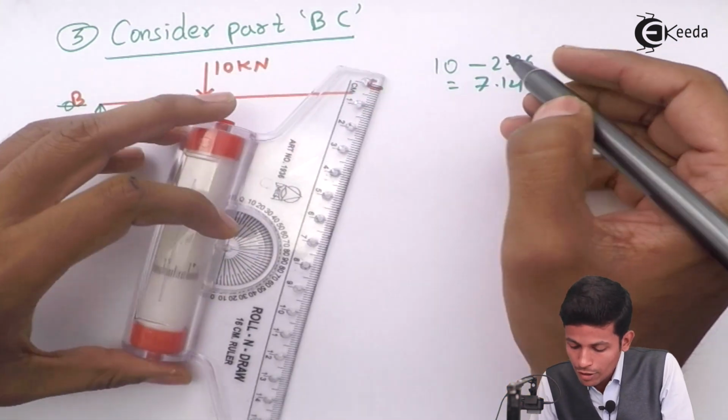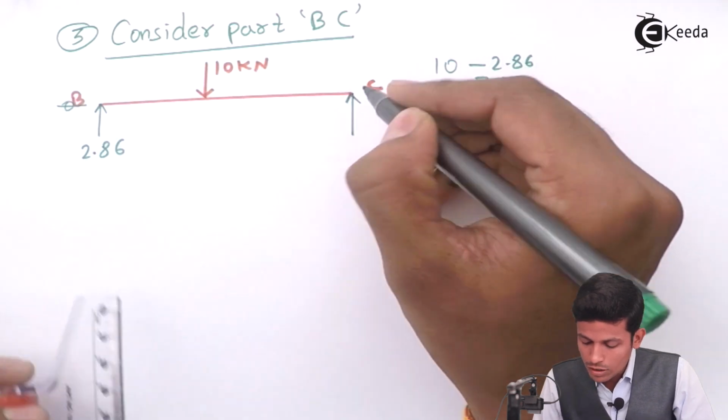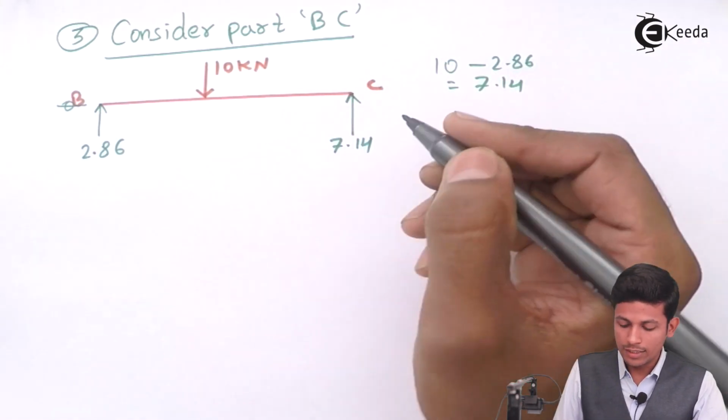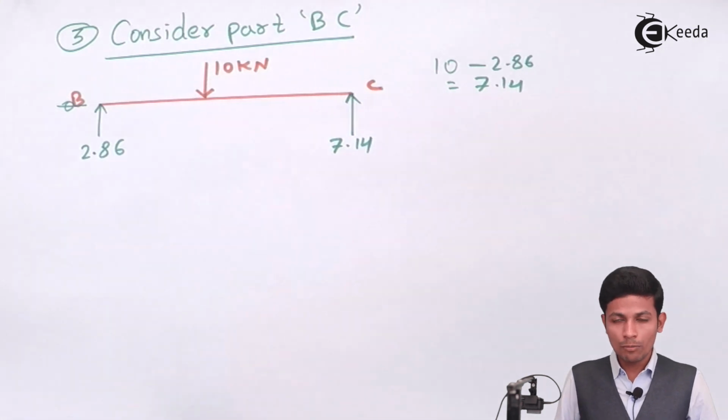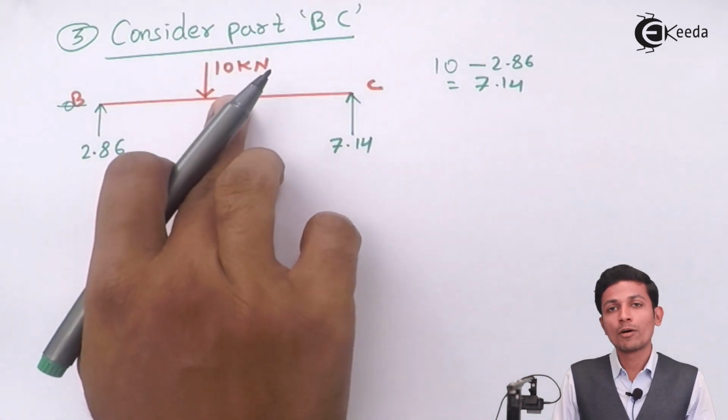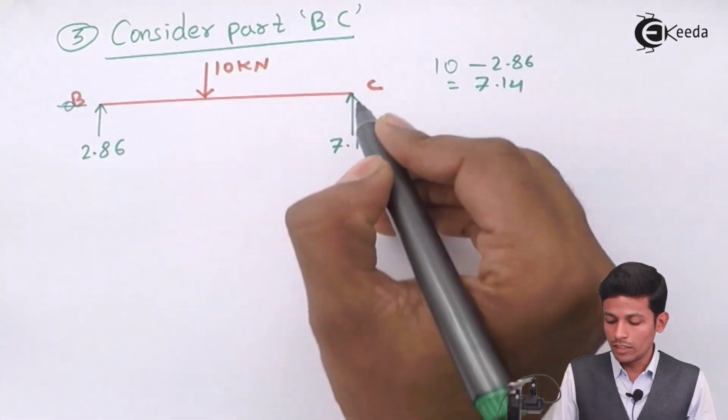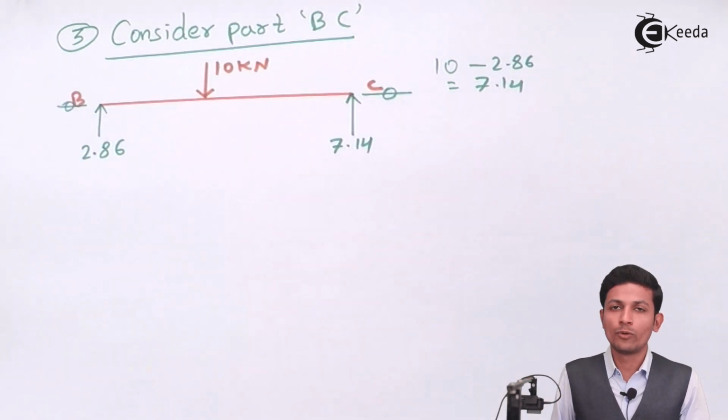Okay, now 7.14 going upward. Now see, this one is also 7.14 balanced. Now 7.14 plus 2.86 is nothing but 10. 10 is going downward, so 10 is coming from upward. Now this part is also balanced, and this also has 0 because there is no value over here.